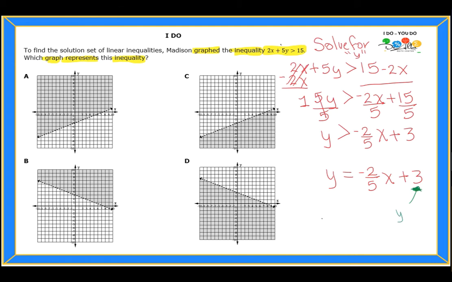The 3 is your y-intercept, which means this is where I start. Okay, that point crosses the y-axis at 3. Okay, so that's very important, because I can go and check which one of my graphs has a y-intercept of positive 3. Okay, very good.